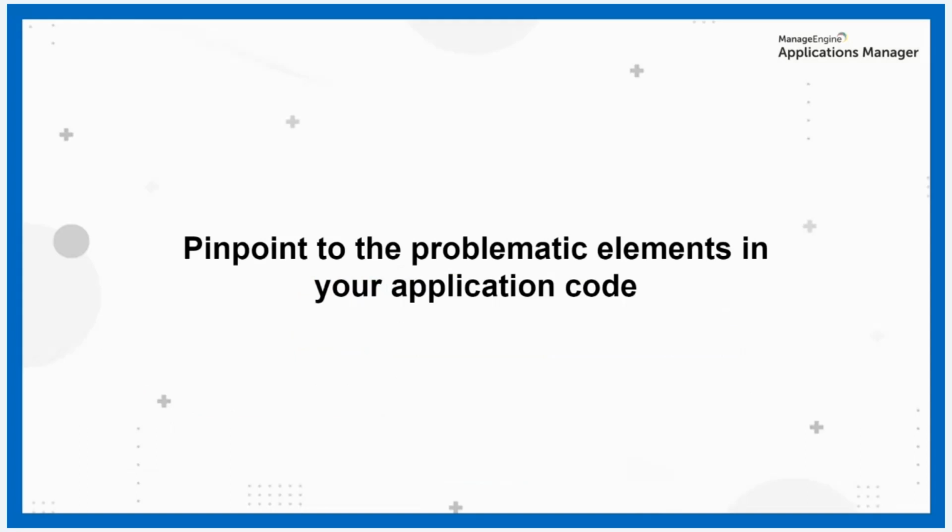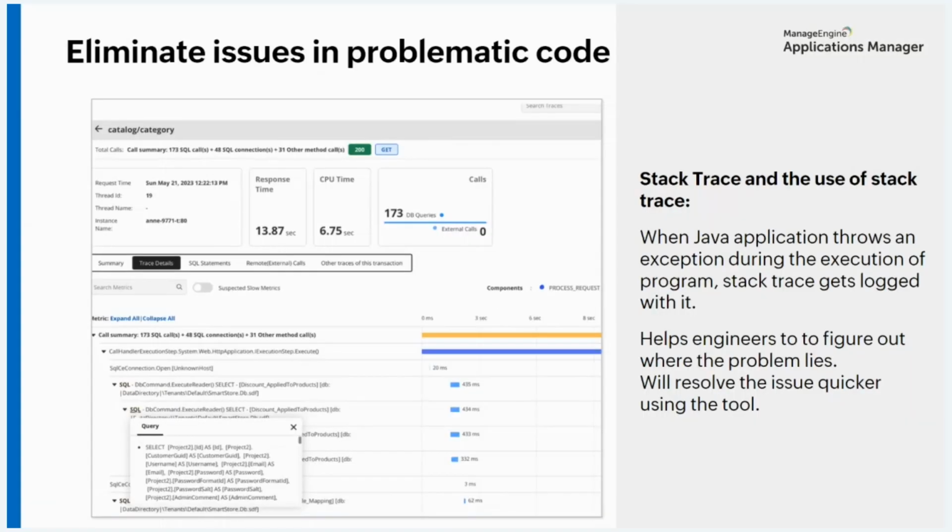The third topic in our today's session is pinpoint the problematic elements in your application code. Here, let us see the need for eliminating the issues in the problematic code. As you are aware, the stack trace represents the movement of an application during the execution of a program.